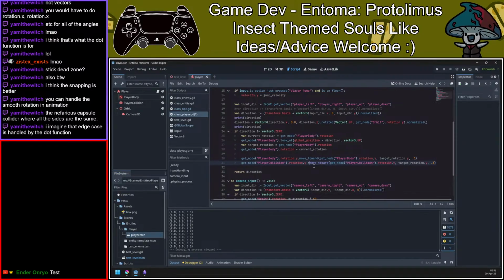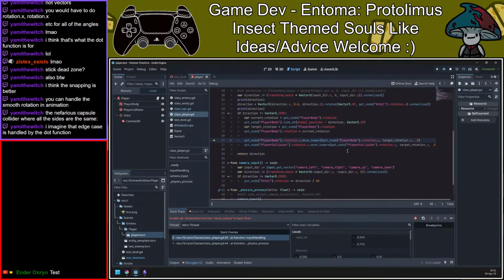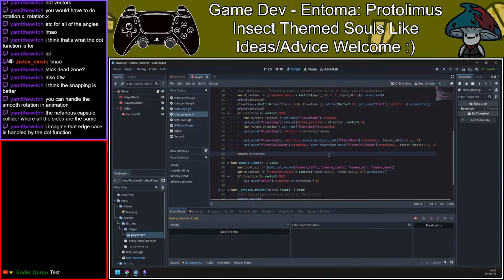It doesn't have documentation anyway. Yet non-existent function, move toward and base float. And also, it can't implicitly assume 0 and 360 is the same, because that only matters for radians and stuff. Like, I guess unless it can detect that I'm trying to mess with rotation.